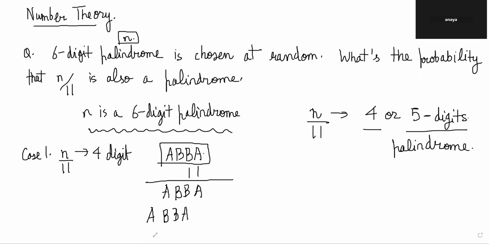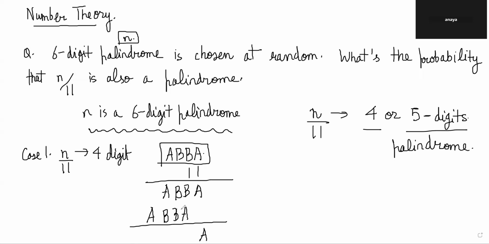Multiplying by 11 will look like this, and you need to add it, and it should add up to become 6 digit. Obviously that cannot happen if A plus B is less than 9. A plus B cannot be equal to 9 also.